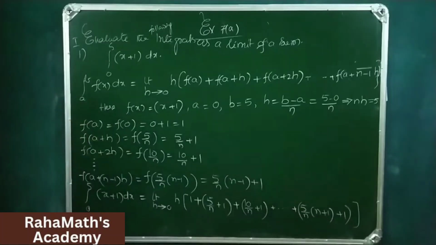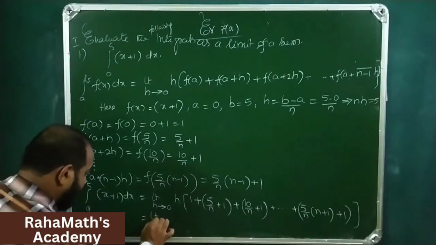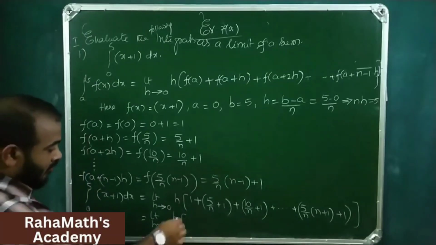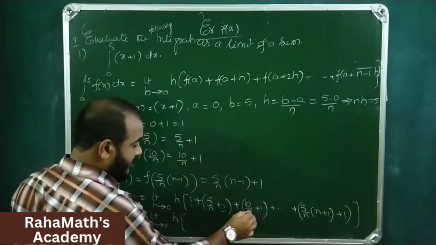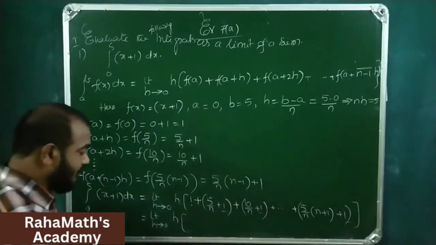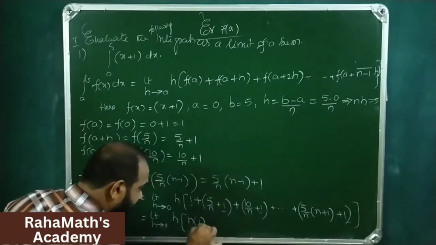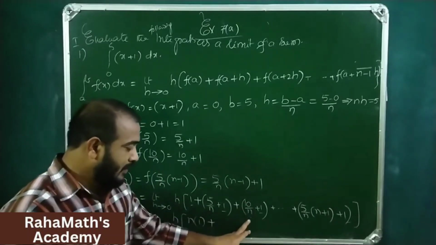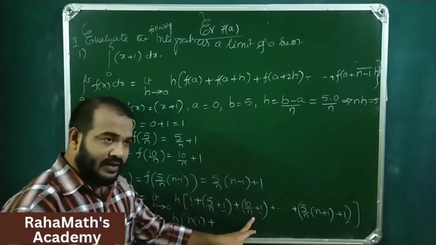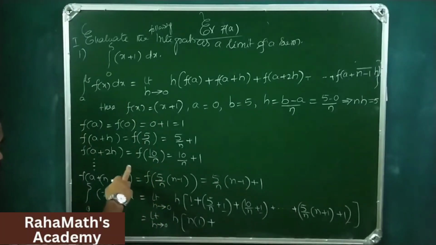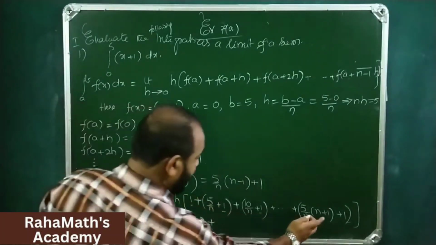That's it. So limit h tends to 0, h times: here 1, 1, 1, 1. So these are n number of ones, n into 1, plus here 5 by n, here 10 by n, 5 into 2 by n, and so on up to n minus 1.